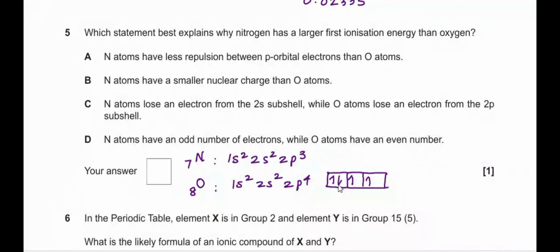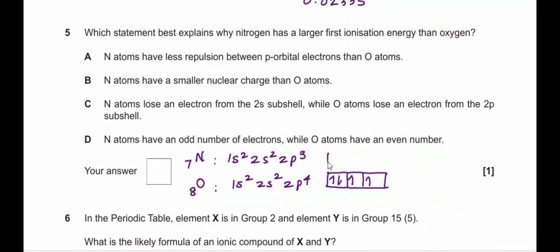Therefore, there is going to be a significant repulsion between them because they both have the same energy and they have the same charge of -1 each. That repulsion force makes it easy for one electron to be knocked out of the oxygen atom. That is the first ionization energy.